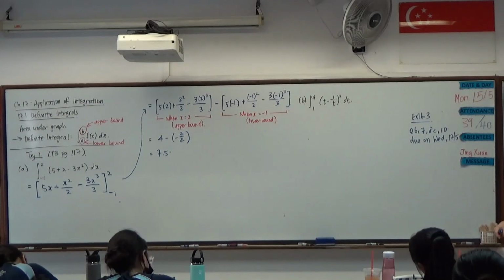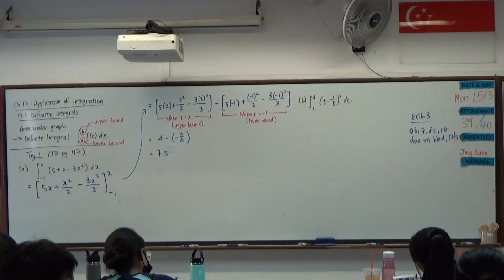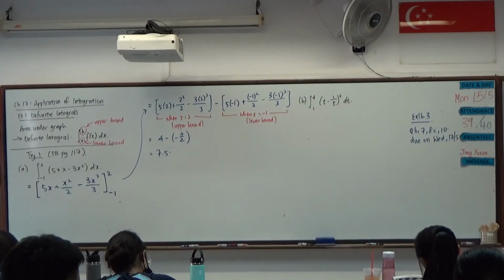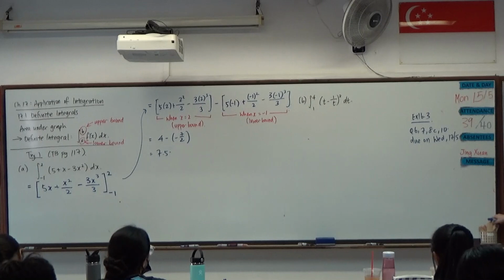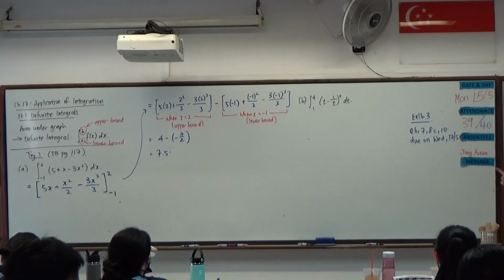Integrate t minus 1 over t squared with respect to t from 1 to 4. What should we do first? What do you think we should do first? Expand. Can I just do my power rule in this case? Can you all please look at your formula booklet?